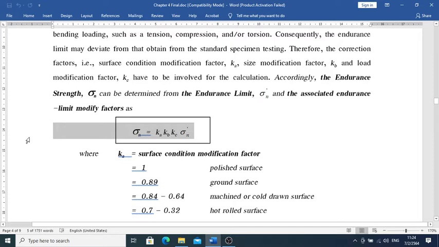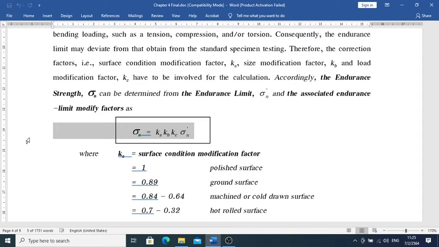That's because, for the real thing, the surface is not a polished test specimen, the size is not 8 millimeters, and the load is not exact. The loading might be bending, tension, compression, or torsion, whatever.